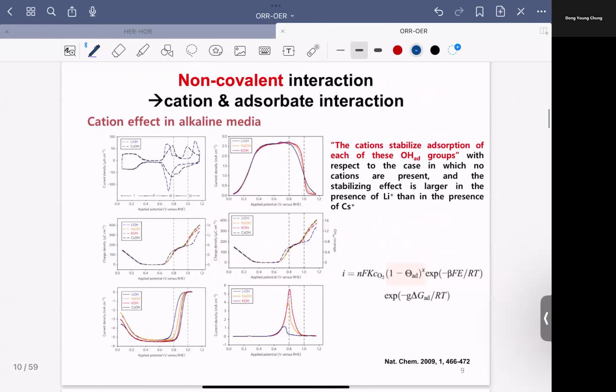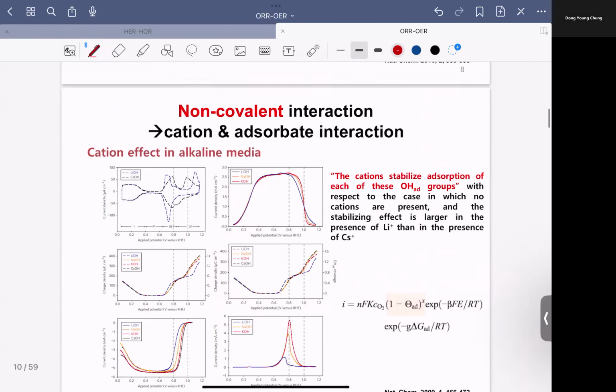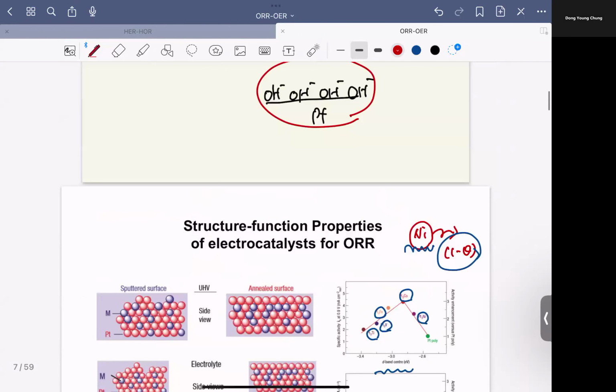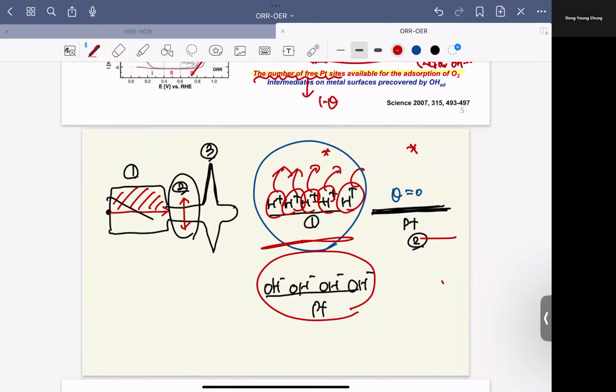And not surprisingly, as we discussed, what about the cation impact for the ORR? So as we discussed, I'm sorry, we would like to go back to the slide over here. This slide once again, right? So in this region, we already discussed that the OH adsorption occurs, right?